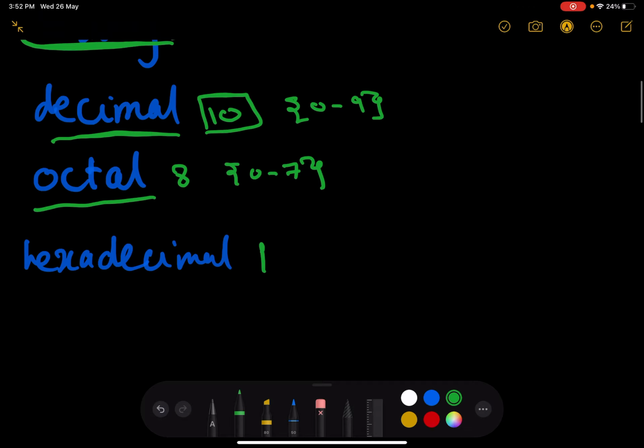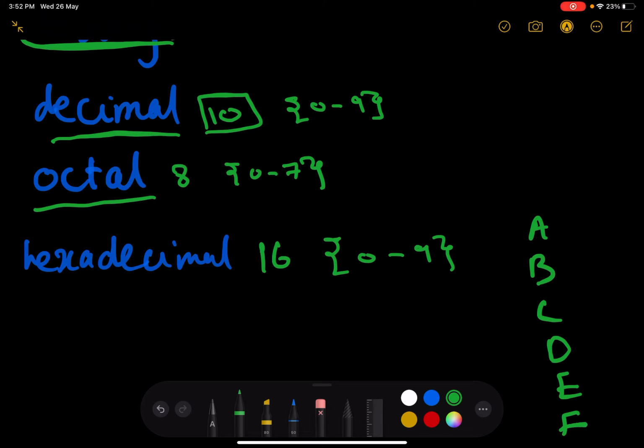And hexadecimal means 16, and we have from 0 up to 9, just like the decimal, but in this system we have extra 6 numbers because there are no more numbers to be represented, so in this system you're gonna deal with letters A, B, C, D, E, and finally F.